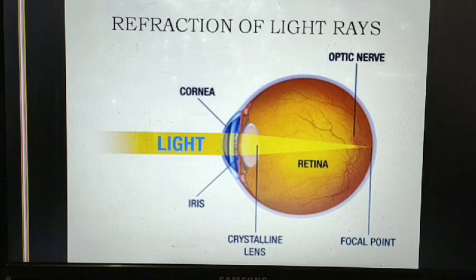For example, when an object appears white, all wavelengths are reflected, and when it appears black, all are absorbed, and when it appears red, only the red wavelength is reflected and all others are absorbed.